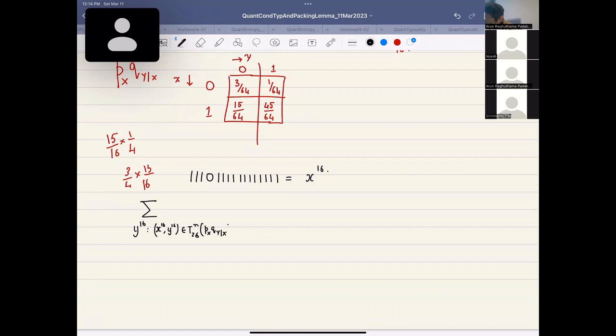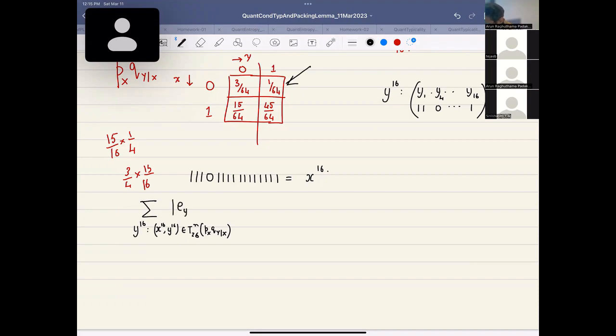So what does it mean? It simply means that you take all those y16s such that when I write my y16, so y4 is 0, the rest are all 1, 1, 0, 1. When I look at this, the number of pairs should be close to this matrix. That's all really that's going on.